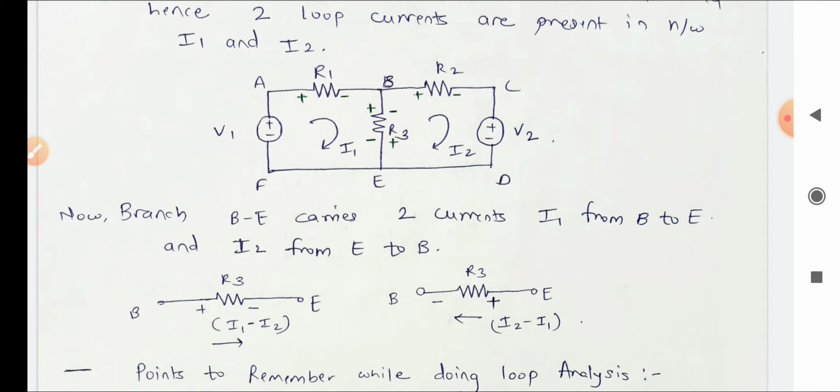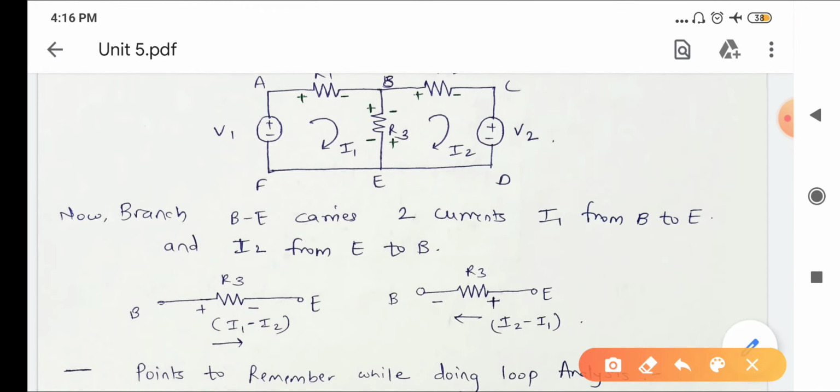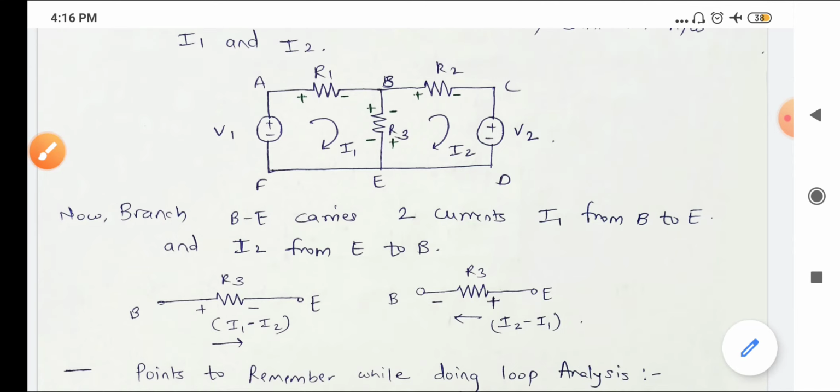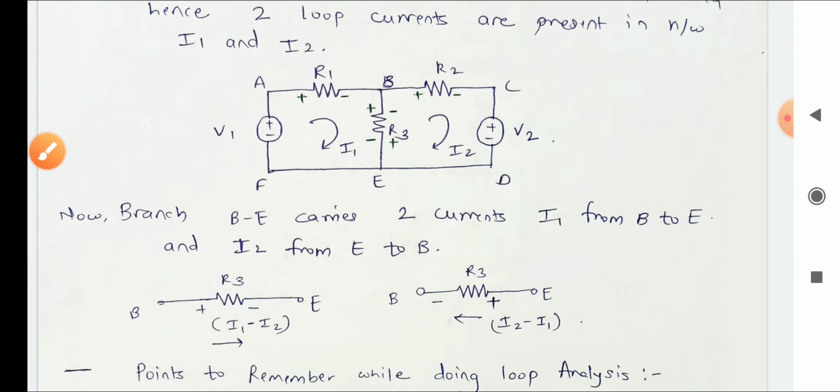Now here the minus I1 into R1 is a potential drop for loop 1, and the next is minus (I1 minus I2) into R3, which is another potential drop, and here the energy source will be the potential rise. So minus I1 R1 minus (I1 minus I2) into R3 plus V1 will be our equation 1 for loop 1.